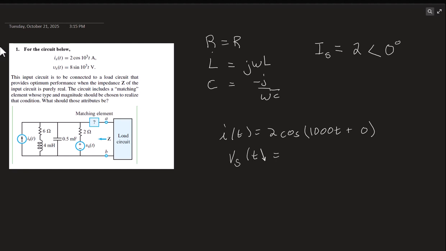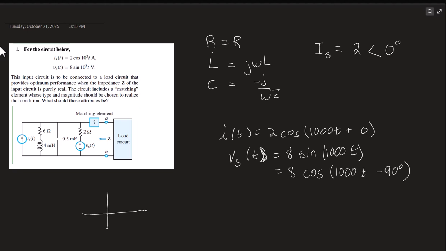Plus or minus 180 would be to get rid of the negative for a cosine. It's 8 sine 1000t, which makes it 8 cosine(1000t minus 90 degrees). Let's see, is that right?